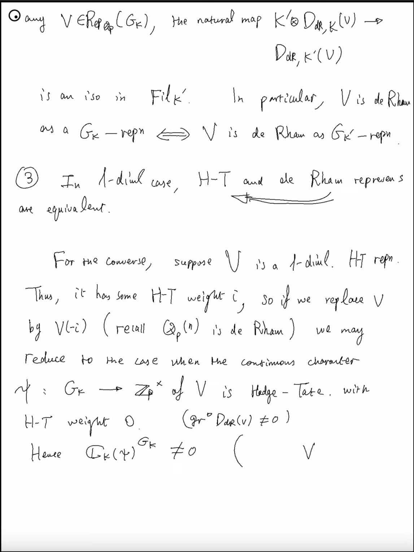It's not 0, and so this is telling that the graded piece 0 is just C_K tensor V fixed by G_K, which is not 0. This is the one-dimensional C_K vector space, and the Galois action is trivial on C_K but through the character on V, so it's the same as a twist by the character.